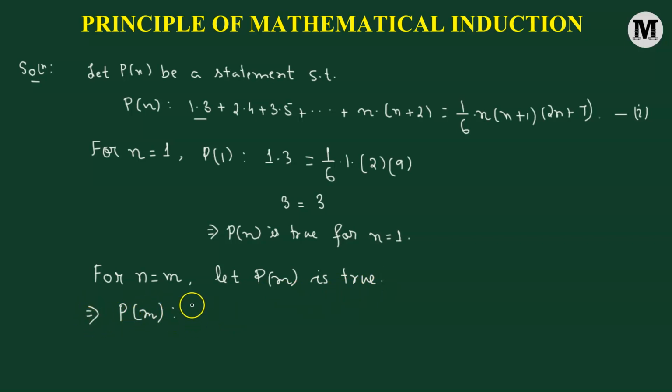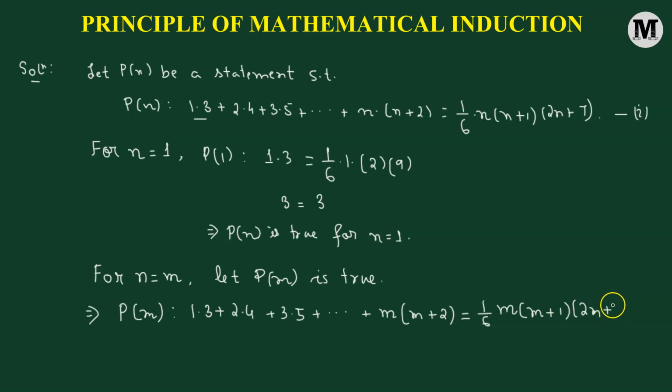1 multiplied by 3, added to 2 multiplied by 4, added to 3 multiplied by 5. This goes all the way up to, now we had the original statement as n times n plus 2, but here we are going to replace n with m. So we have m multiplied by m plus 2. This is going to be equal to 1 over 6 multiplied by m, multiplied by m plus 1, multiplied by 2 times m plus 7.